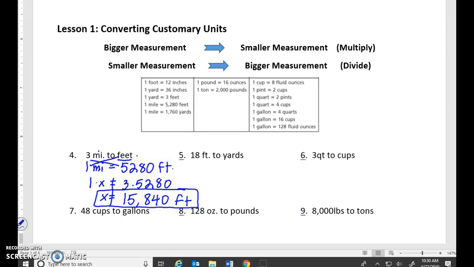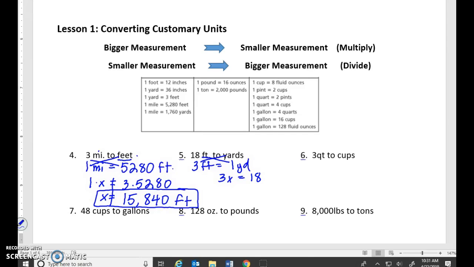Okay, on number 5, underneath 18 feet to yards, did you put 3 feet equals 1 yard? Notice feet, yards, yards. Okay, and then you did your cross multiplication. 3 times x equals 18 times 1.